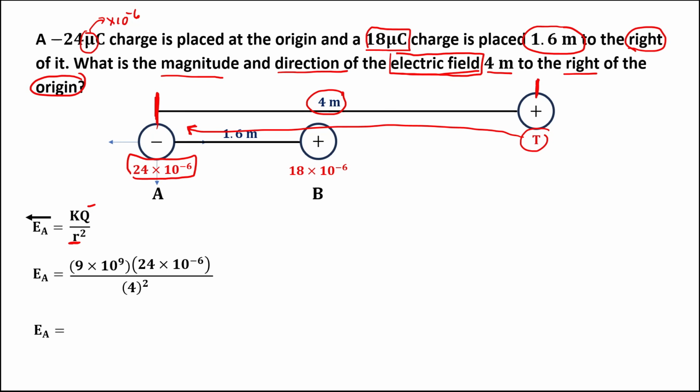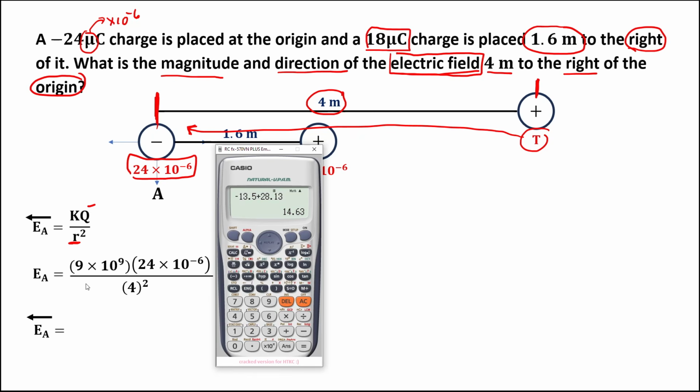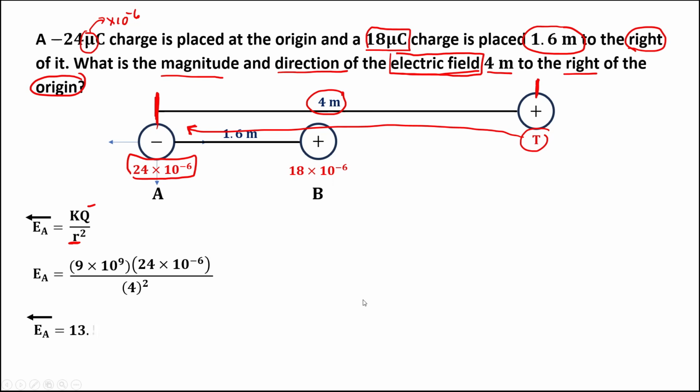So to find the electric field for A, first multiply these two numbers. We have 9 times 24, then divide by 4 to the power 2. This is equal to 13.5.